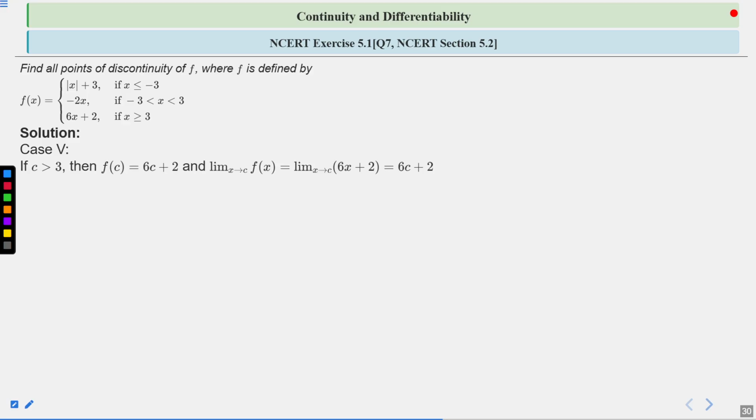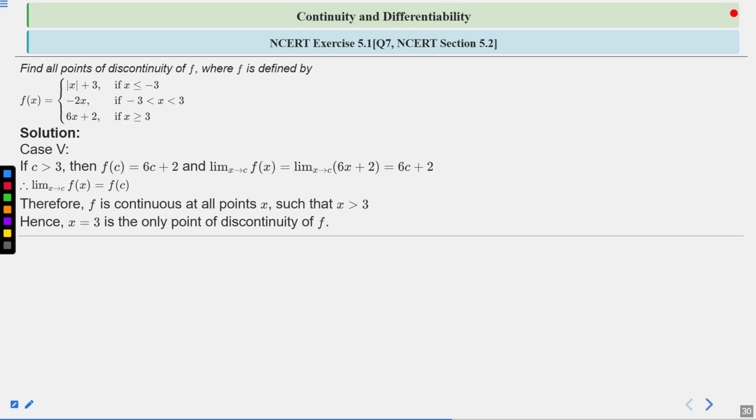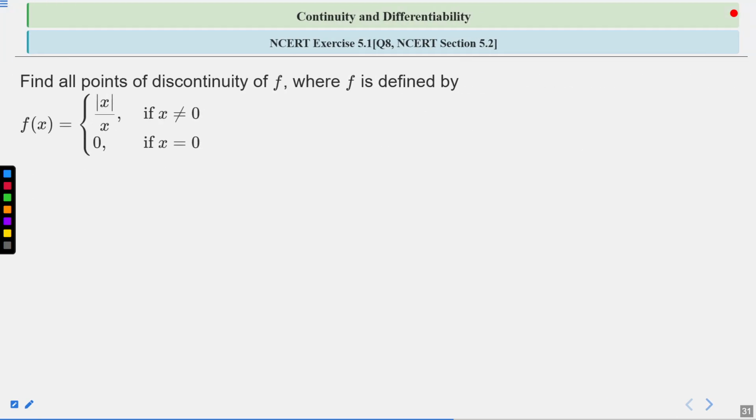So in the question, like in the previous one, case 5, you can also check for when c is greater than 3, right? Okay. So question number 8 says find all the points of discontinuity of f where f is defined by f(x) equal to mod x upon x if x is not equal to 0, and f(x) equal to 0 if x is equal to 0, right?